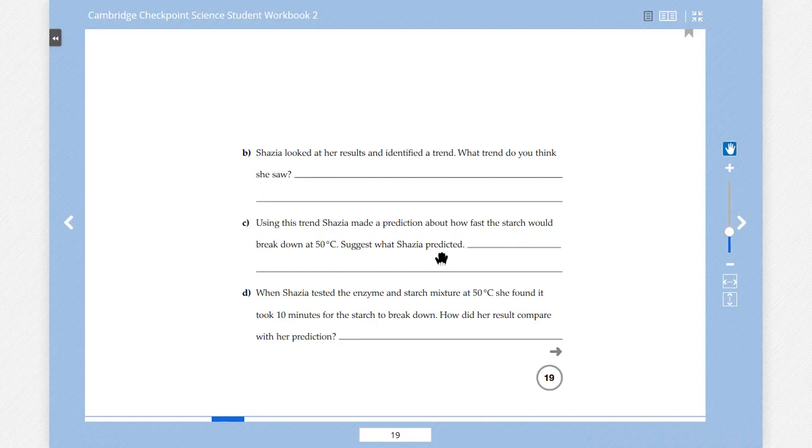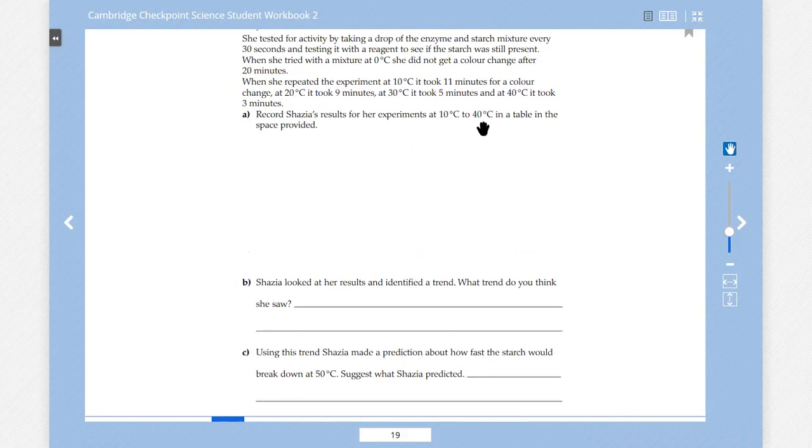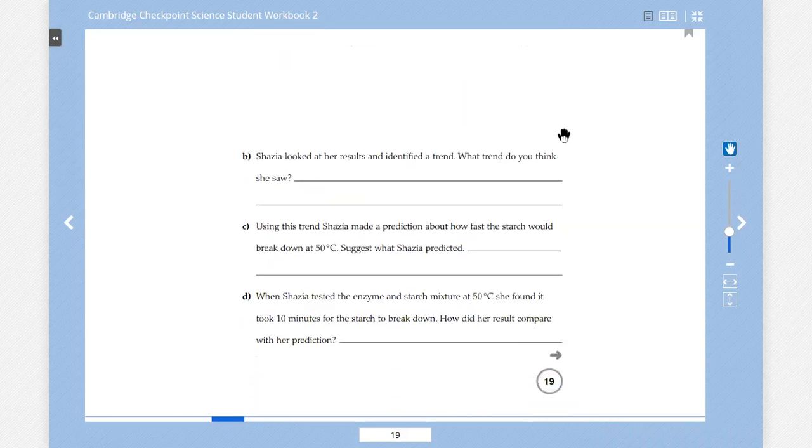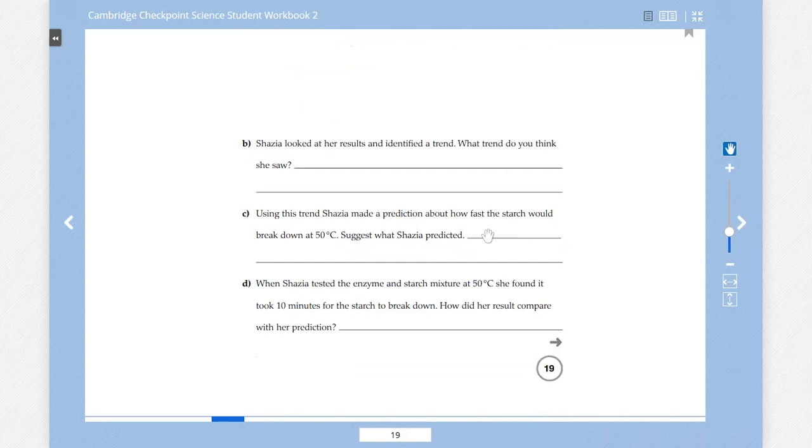Suggest what Sazia predicts. Because Sazia's results go only up to 40 degrees, my students, you can write here your opinion or suggestion of how many minutes the starch takes to break down at 50 degrees Celsius.